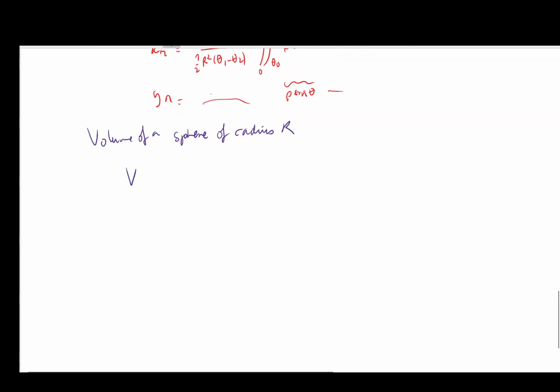This volume will be given by the integral of 1 dx dy dz over this region. And obviously a sphere calls for spherical coordinates. And so I'm doing my substitution with spherical coordinates.